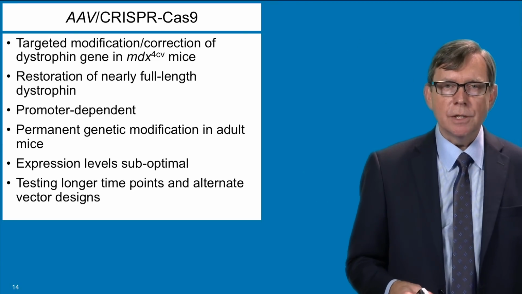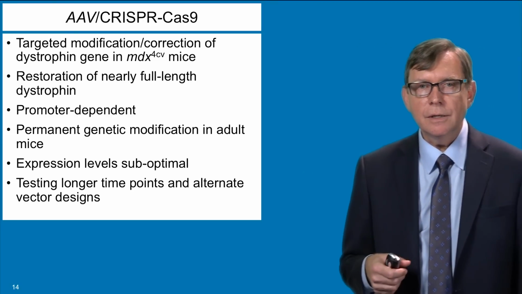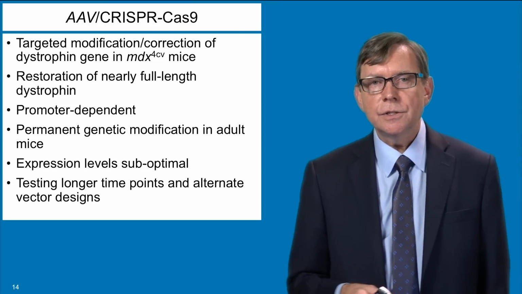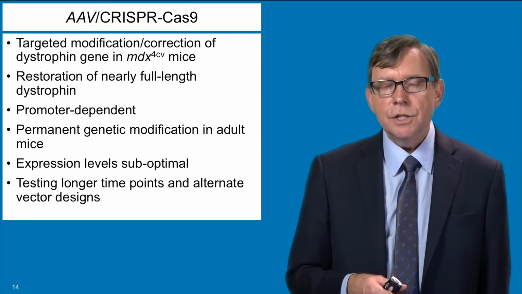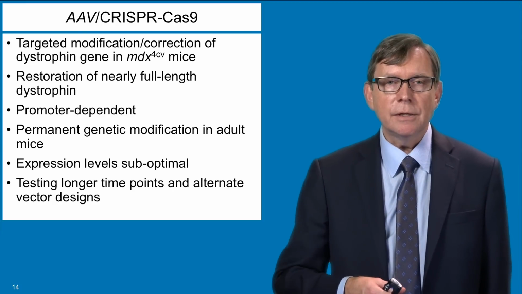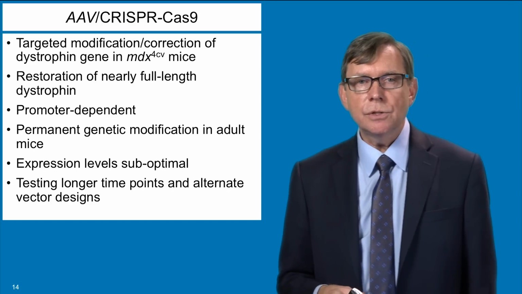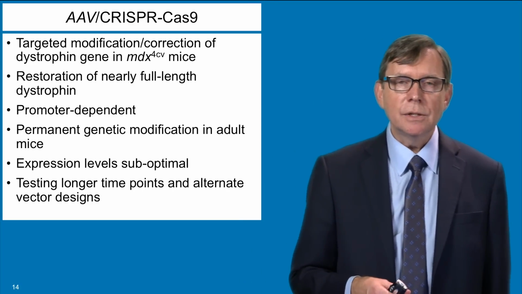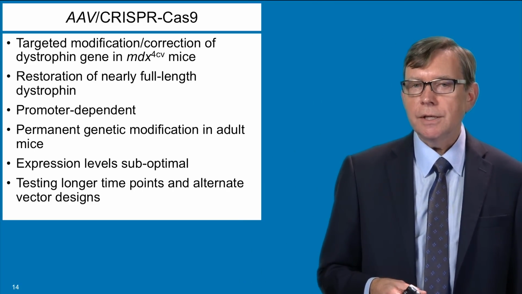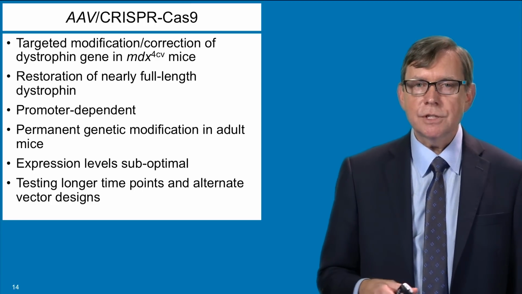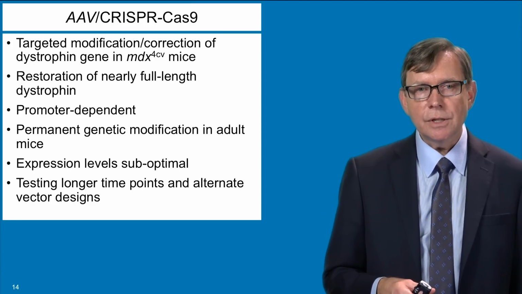So just to summarize a little bit, the AAV gene delivery system can be harnessed to take advantage of the CRISPR-Cas9 gene editing machinery that was identified a couple of years ago in bacteria. We've used this approach to achieve a targeted modification and correction of the dystrophin gene in a mouse model for Duchenne muscular dystrophy. We can restore production of essentially a full-length dystrophin protein.